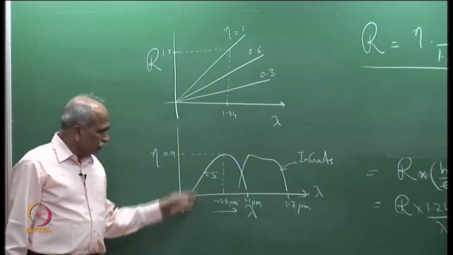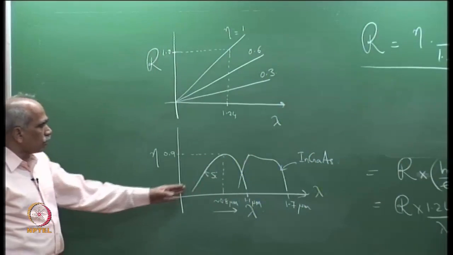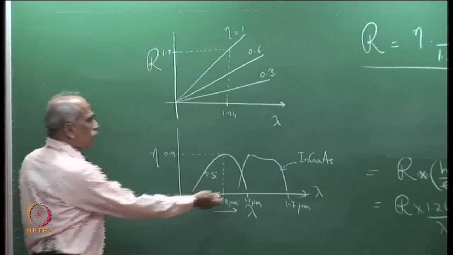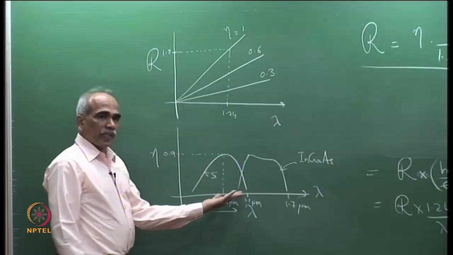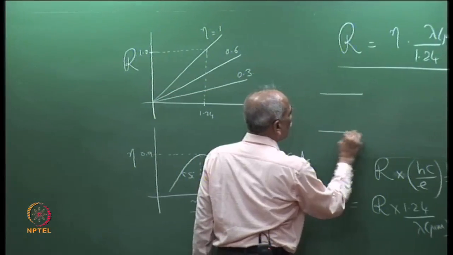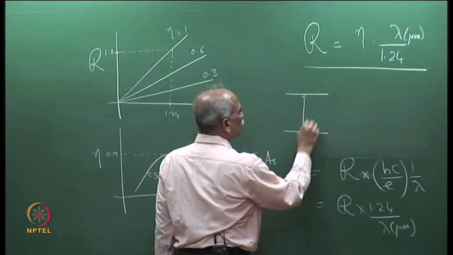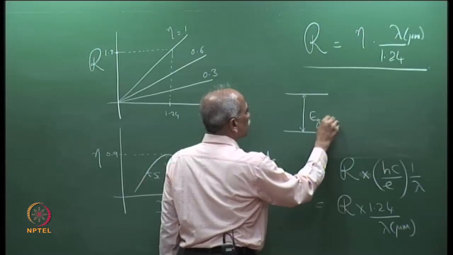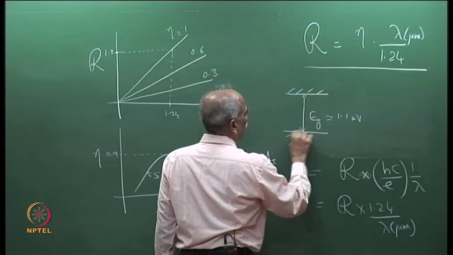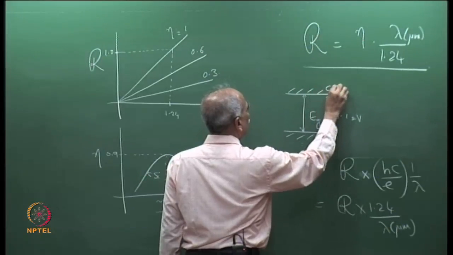Now, why does the quantum efficiency go down at both the ends? The longer wavelength end is obvious, because for a given material like silicon, silicon has a band gap Eg of 1.1 electron volt. So, this is the conduction band and the valence band.